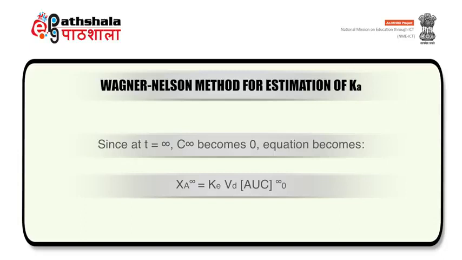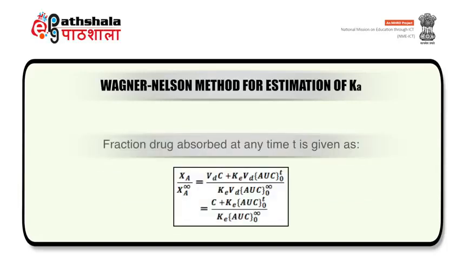Since t is infinite, C infinity becomes 0, and the equation reduces to Xa infinity equal to Ke into Vd AUC 0 to infinity. Thus, the fraction of drug absorbed is equal to C plus Ke AUC 0 to t upon Ke AUC 0 to infinity.